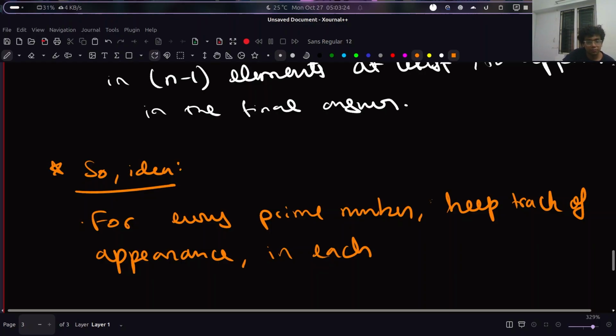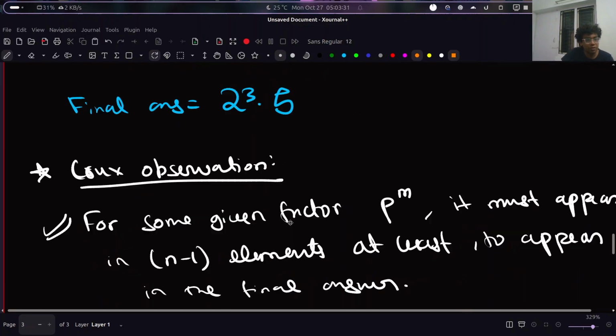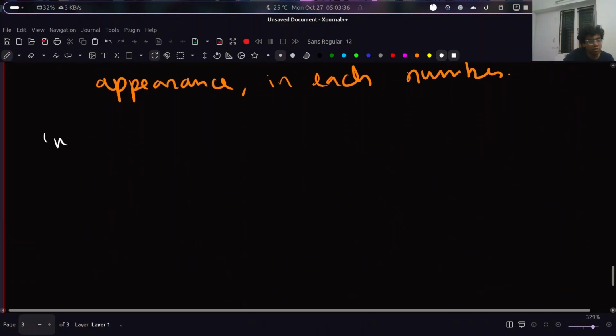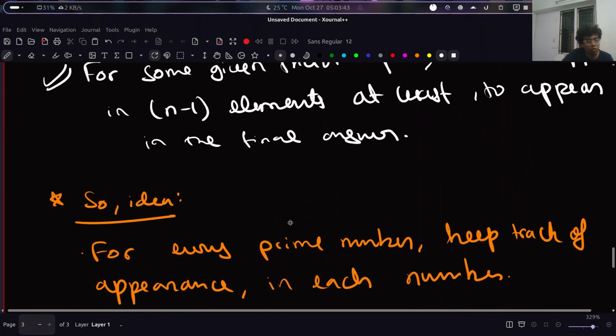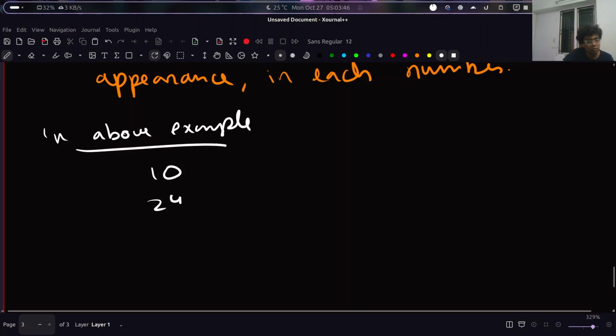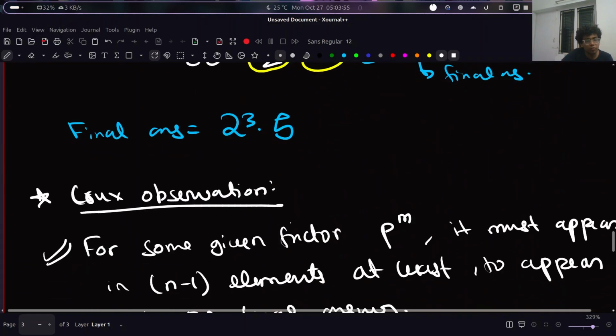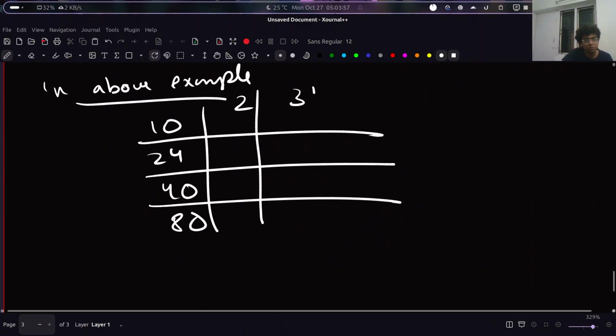So for example, in the above example, we have 10, 24, 40, 80. These are the numbers, and let's list down the prime numbers as well. The prime numbers will be 2, 5 and 3.